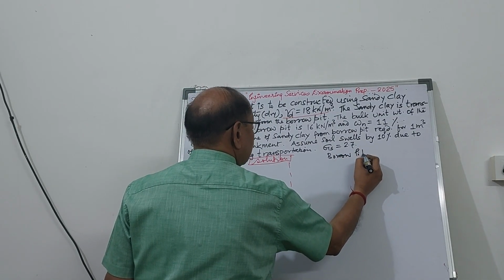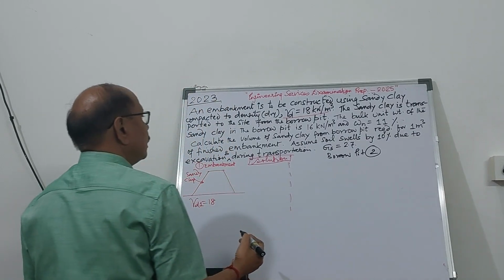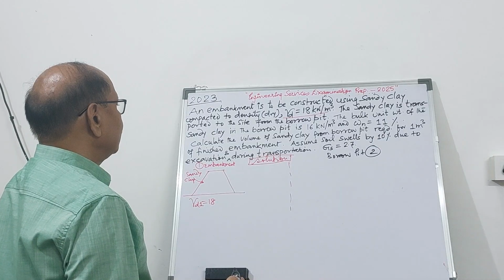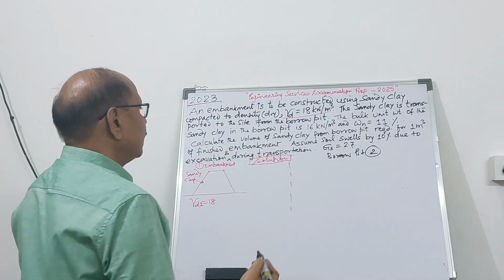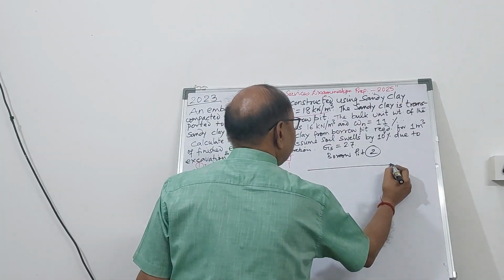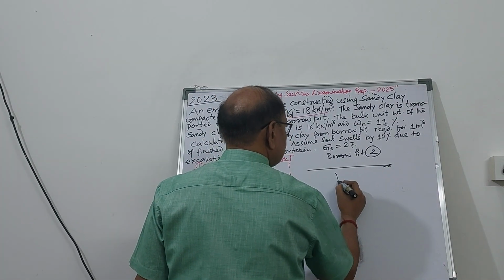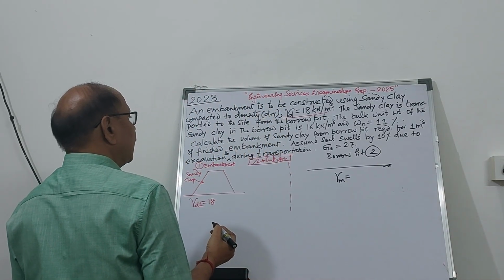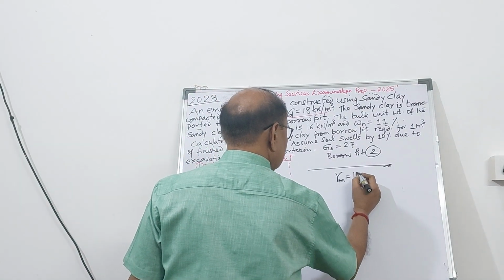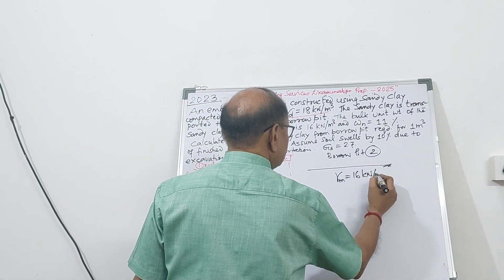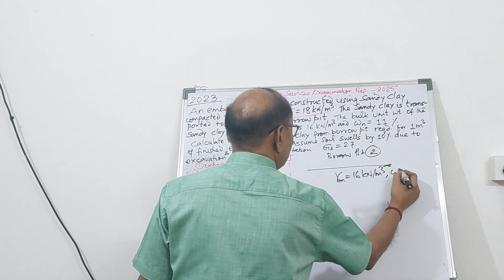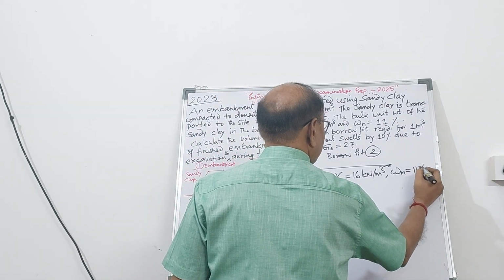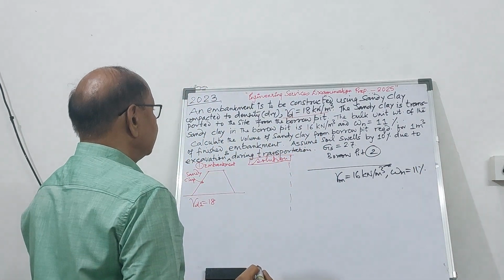From the borrow pit it is transported, and the bulk unit weight here, or the moist unit weight, is given to you as 16 kilonewton per cubic meter, and the corresponding moisture content of this borrow pit is 11%.